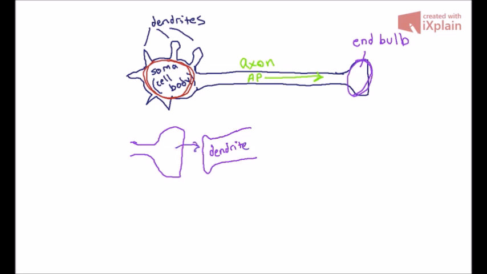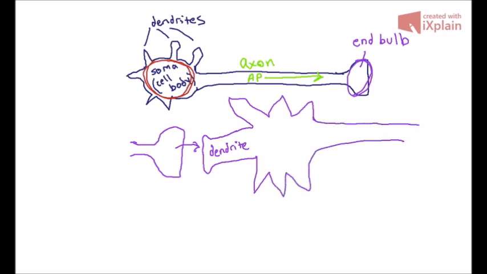It hooks up to the dendrite of another neuron. So here's another dendrite, and more dendrites. And here in the second neuron, here's the soma, the cell body. Here's the axon. And here's the end bulb of the second neuron.